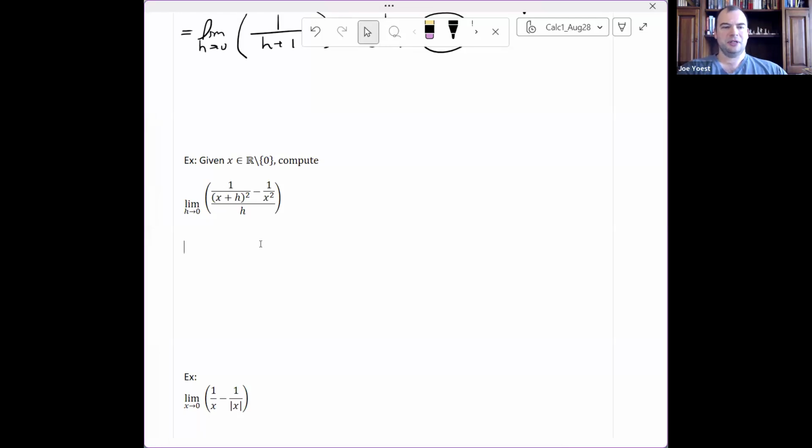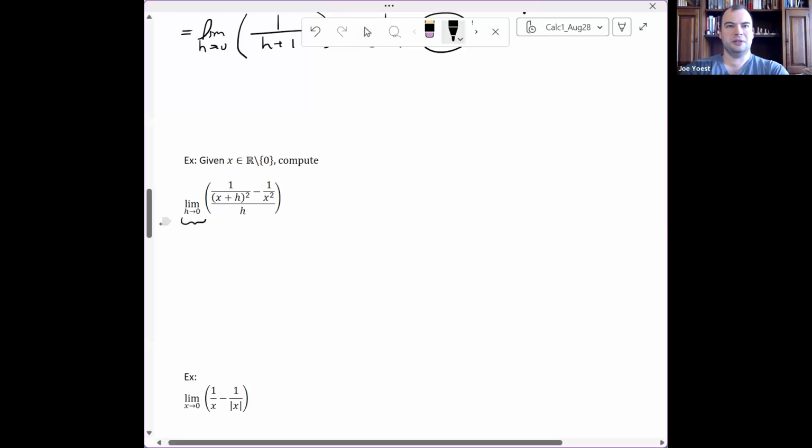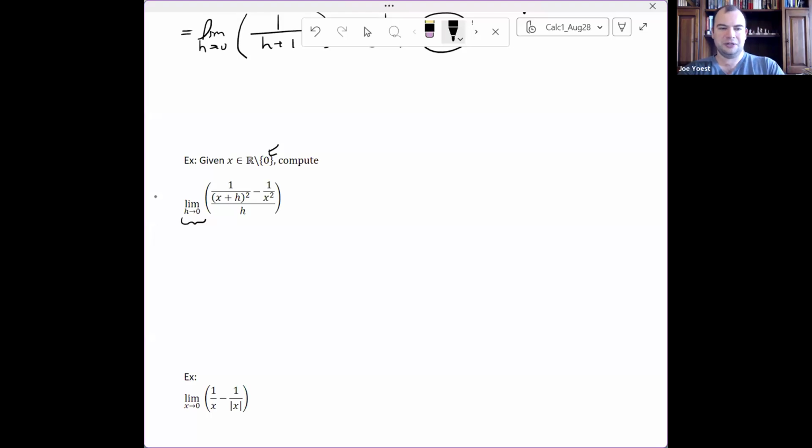When we're inside of a limit, we're thinking of the variable that the limit is operating on, h, as the variable and anything else as a constant. So we're basically treating x like a constant here. h varies, it's getting closer and closer to 0, but x is just whatever it is, some non-zero number. We have taken 0 out of contention for the value of x.